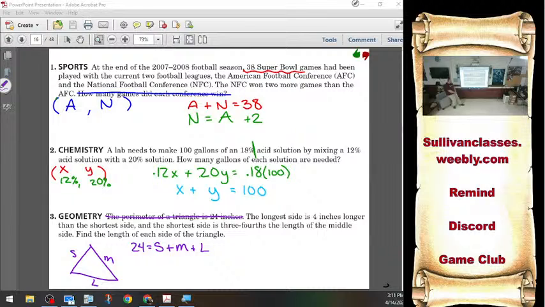That's my first sentence. Look at the rest of it, and they keep using the word is. They keep using that linking verb. Longest side is. They're giving me equations. Longest side is 4 longer than, so I'll add 4 onto shortest side. Then they give me shortest side is, S is 3/4 the middle.